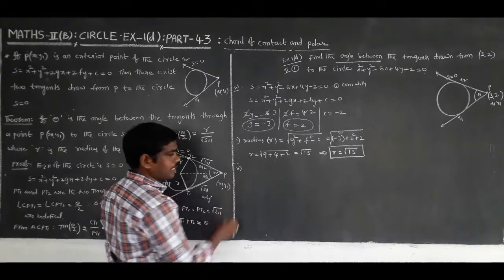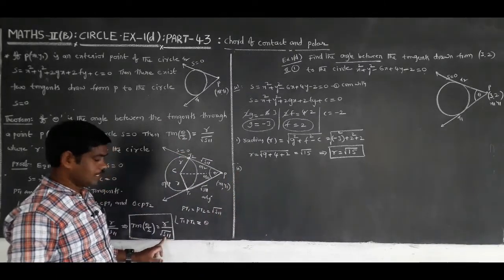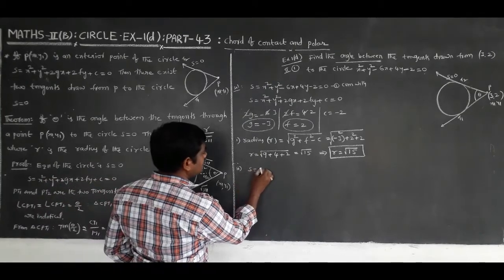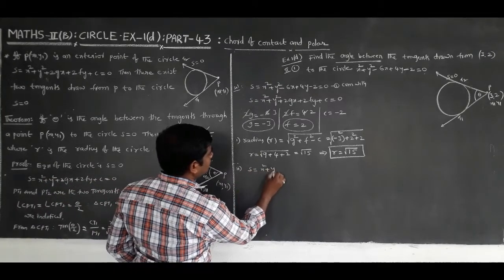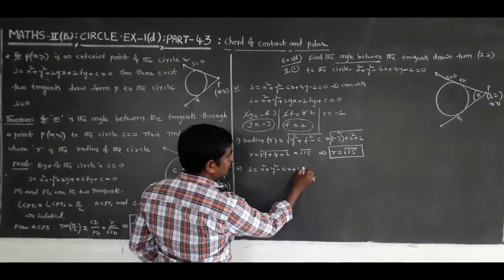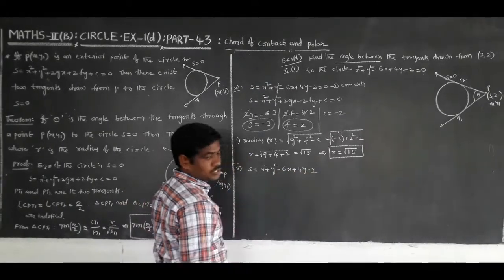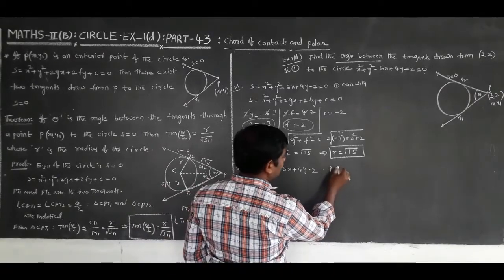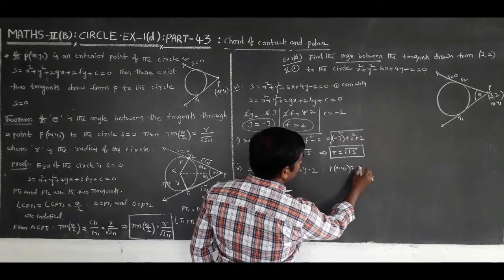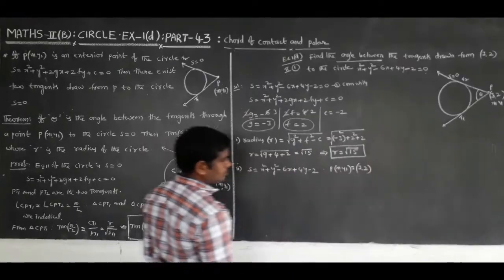Second, find S11. The circle S is equal to x square plus y square minus 6x plus 4y minus 2. Here the point P, x1 comma y1, is equal to 3 comma 2.